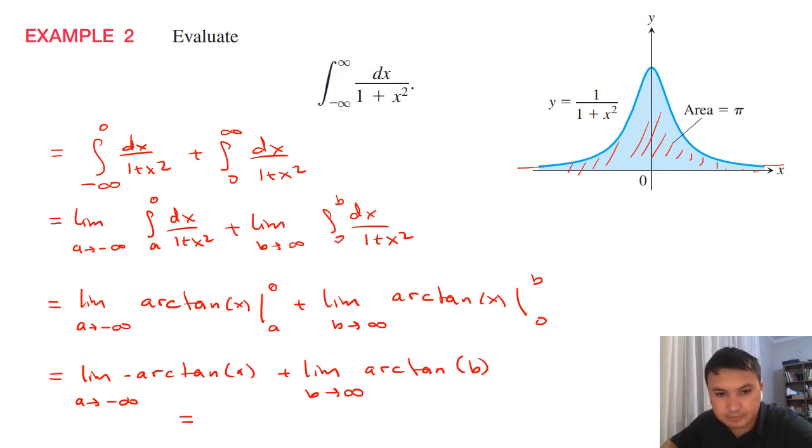Okay, so for the first one, the limit is asking for which theta the tangent of theta approaches minus infinity. Remember for the arctangent.